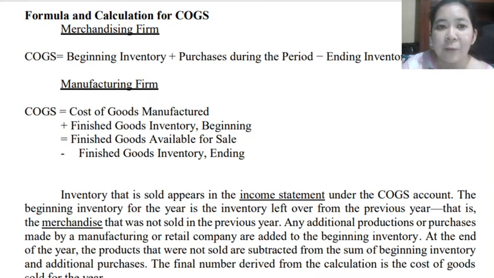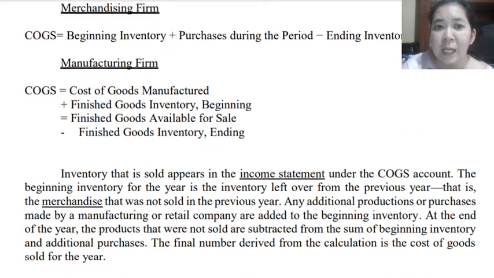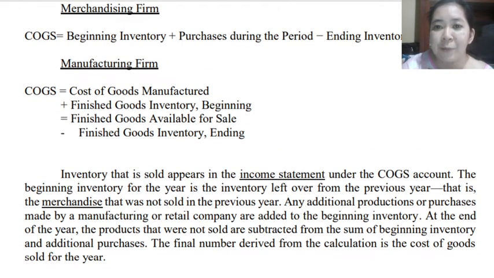For a manufacturing firm, we actually have a much longer formula, because if you are a manufacturing type of business, you will have three types of inventory. So we have the raw materials, plus we will add to it the manufacturing costs like your direct labor and factory overhead.